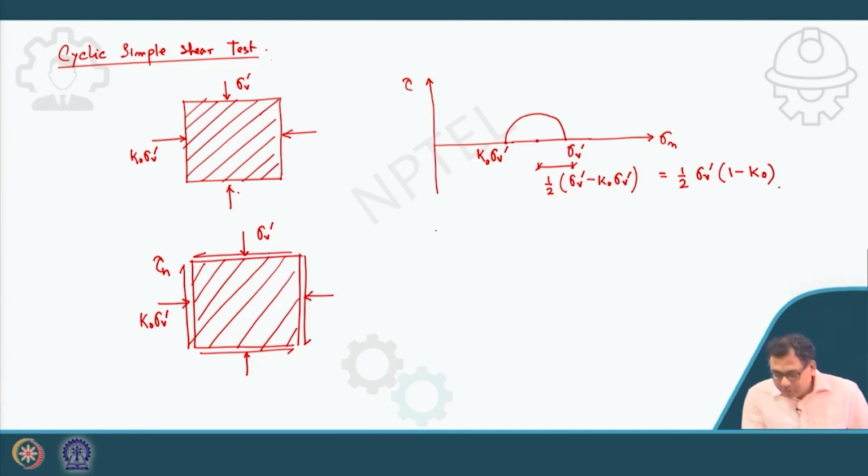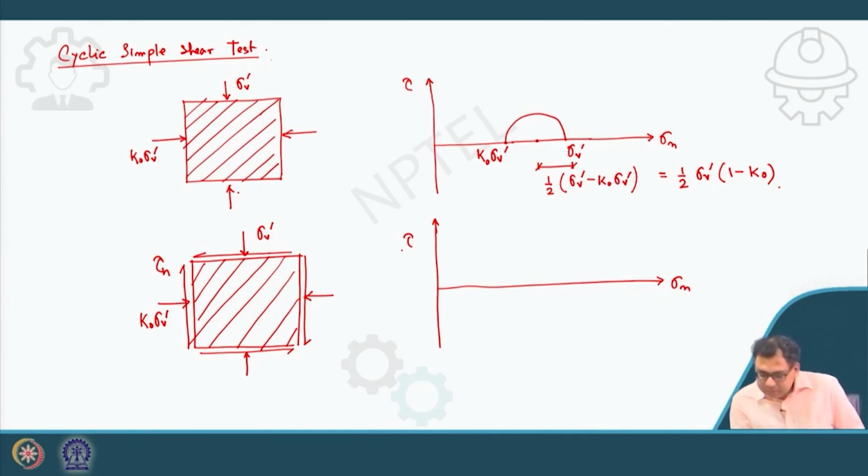So now if I draw the Mohr circle for the second case, tau. So these are 2 points, that is sigma V dash, K0 sigma V dash, this is the center, this is the same initial circle.